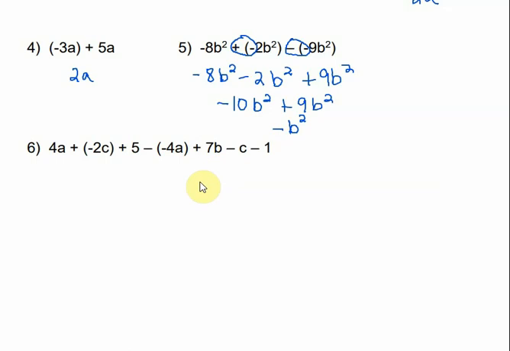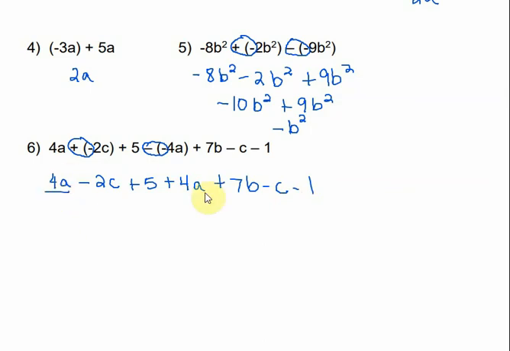Okay, for number 6, again, let me combine any signs that are touching. Okay, so I have 4a minus 2c plus 5. The signs are the same, so that's plus 4a plus 7b minus c minus 1. Now, are all of these like terms? No. So, we're going to combine only the like terms.